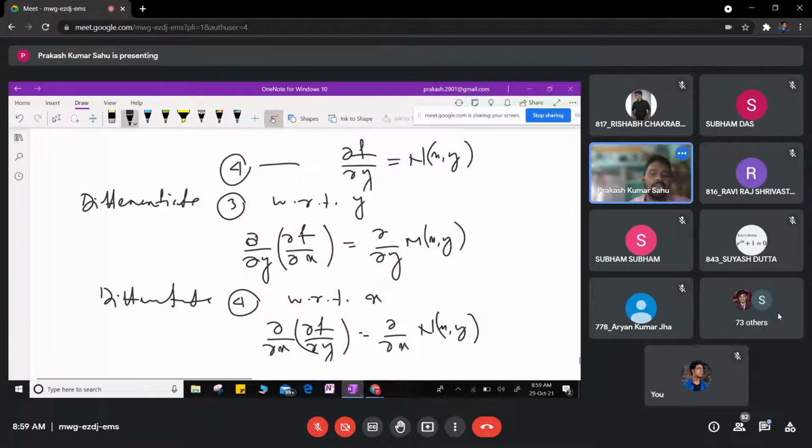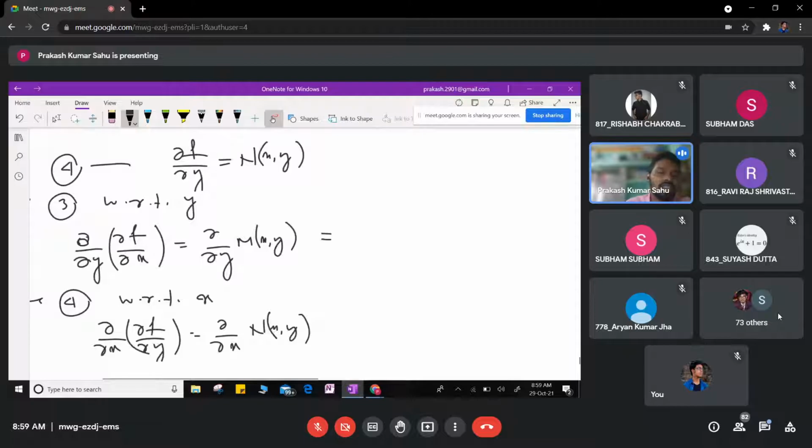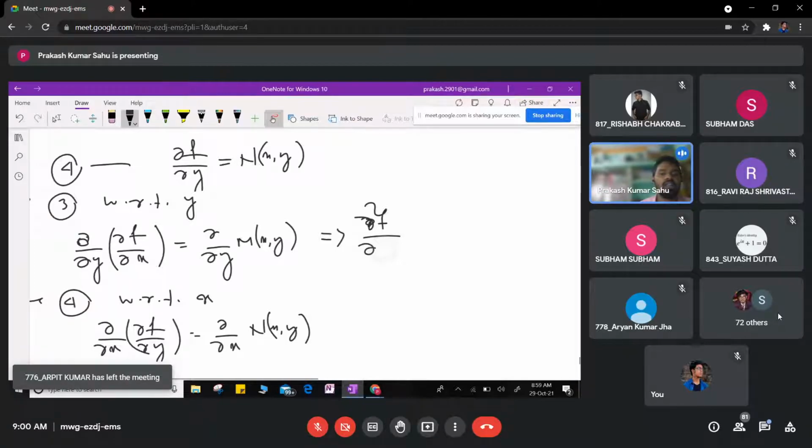And again, from these two equations, I can imply that del square f by del y del x is del M by del y, and similarly del square f by del x del y is the same as del N by del x. And you know these two are equal: del square f by del y del x is the same as del square f by del x del y.